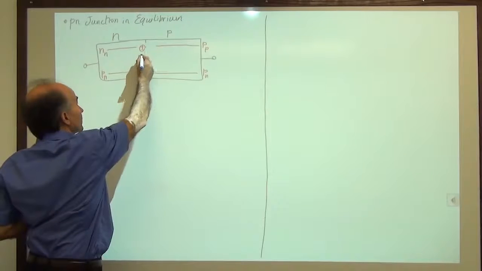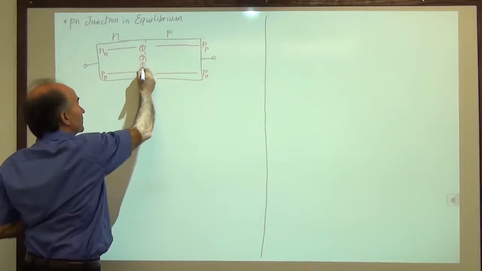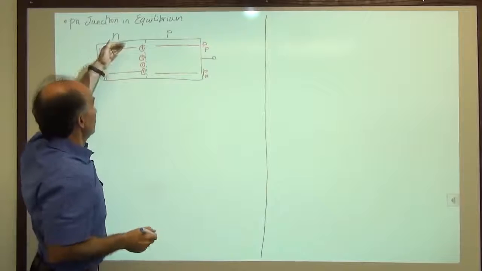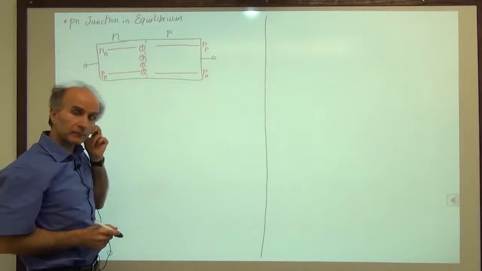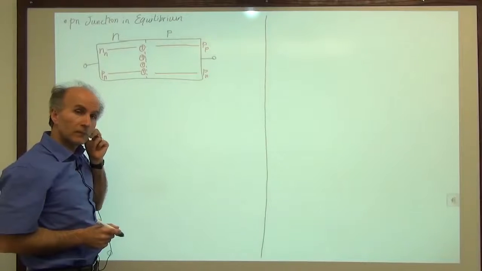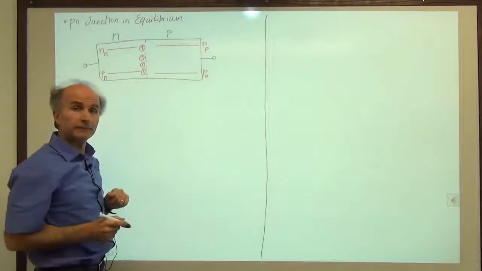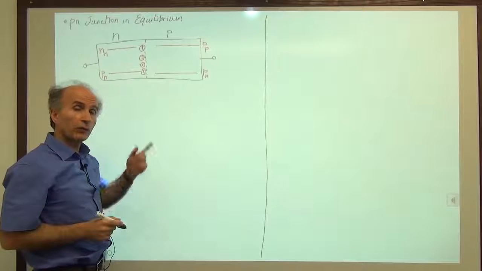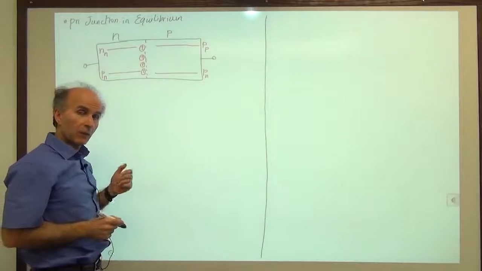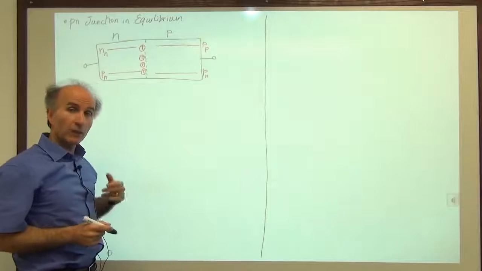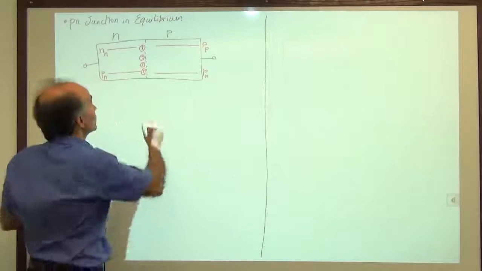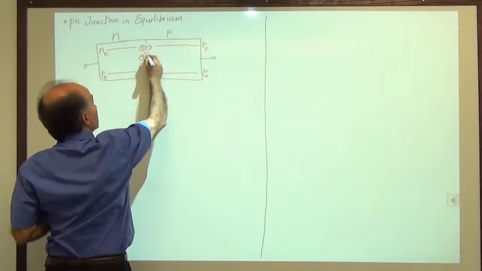So we form lots of positive ions on the left side because lots of electrons are leaving the left side to go to the right side. What happens to the right side? Well, lots of holes are going from the right side to the left side. Every time a hole leaves, in fact, it is filled by an electron, so we form negative ions. So we have lots of negative ions here.